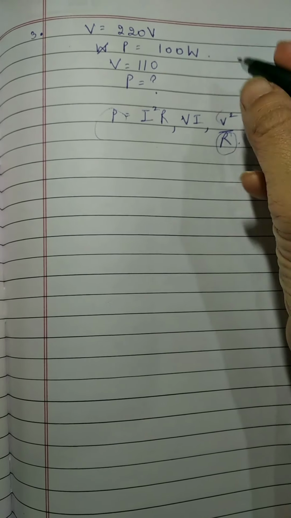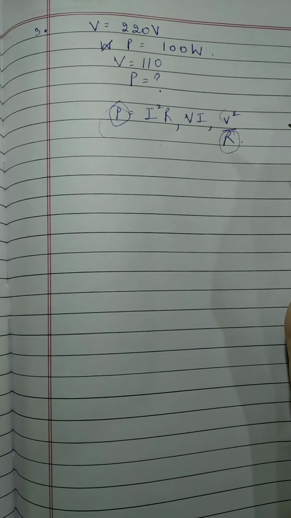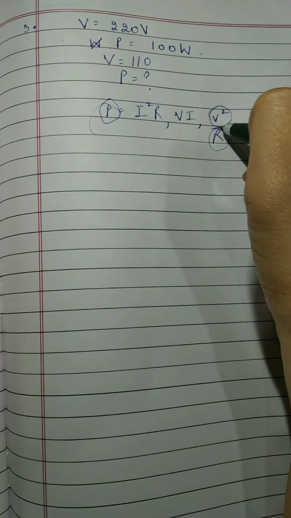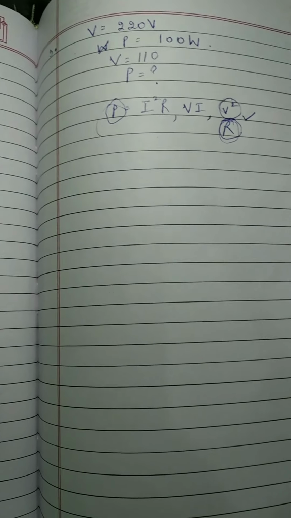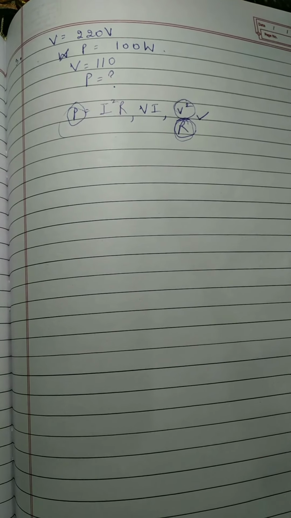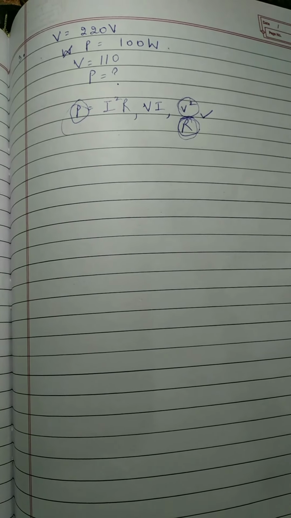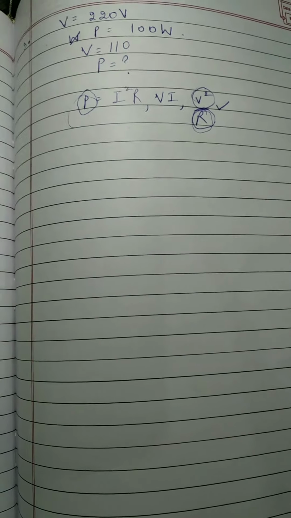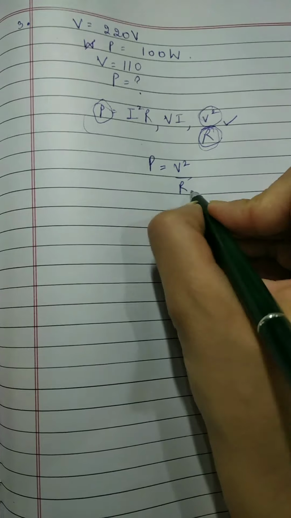So we'll make use of the parameters which are given to us: P is given, V is given, and R is the same. So we'll use this formula, because no matter how much increase or decrease in potential difference there is, the value of R will remain unchanged. So we have P is equal to V square upon R.